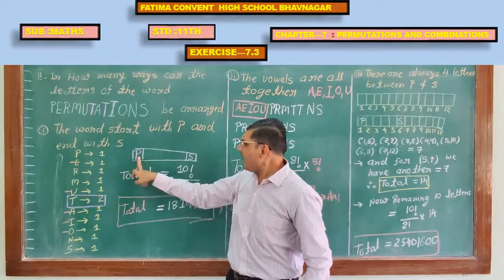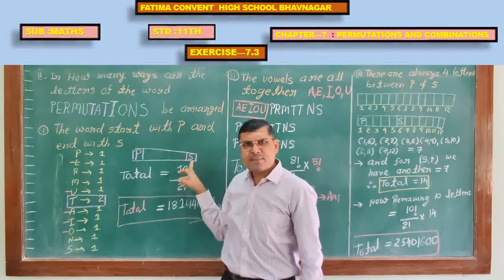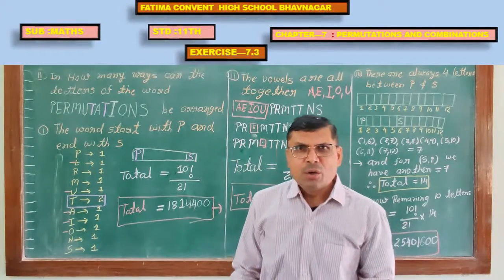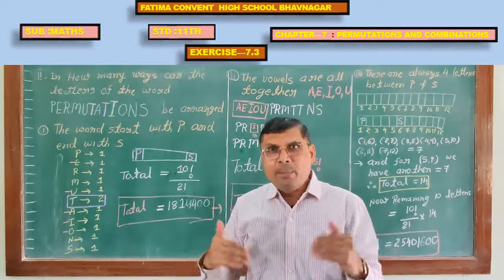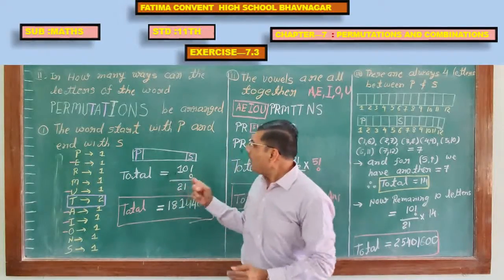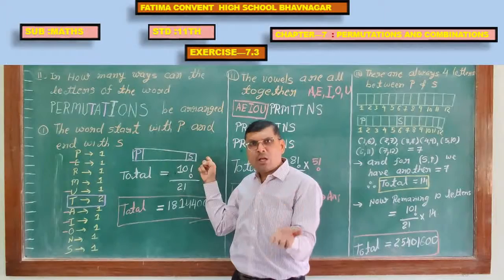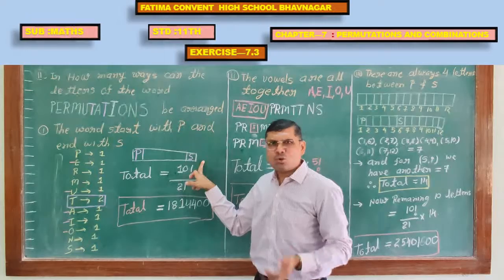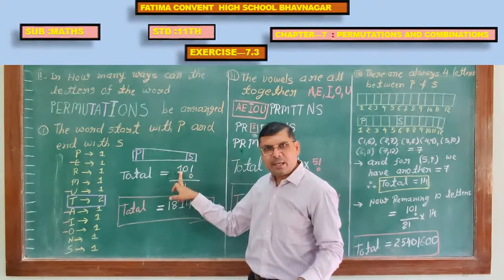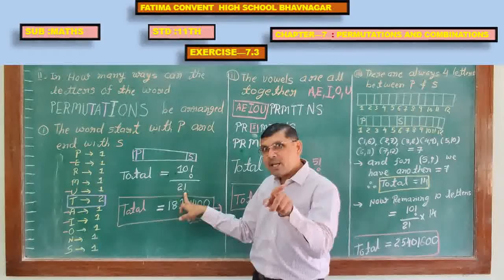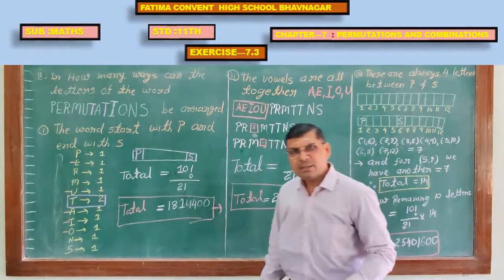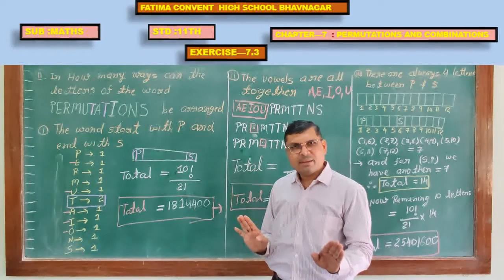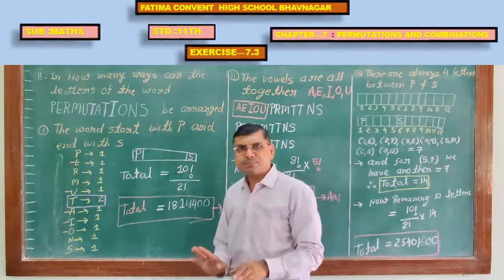Now once you fix P and S, you have to find the permutation of the remaining letters, other than P and S, and the total number will be 10 because total is 12. P and S you already fixed, so remaining are 10. So 10 factorial divided by 2 factorial, as I explained, since T is repeating. So the first answer is this one. Is it clear? Okay.